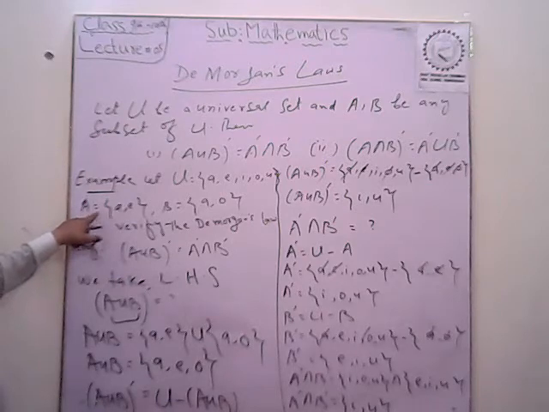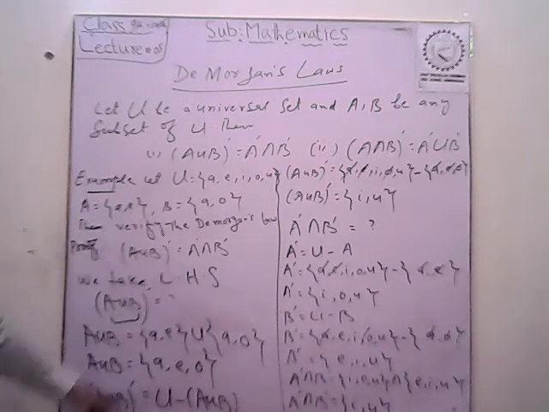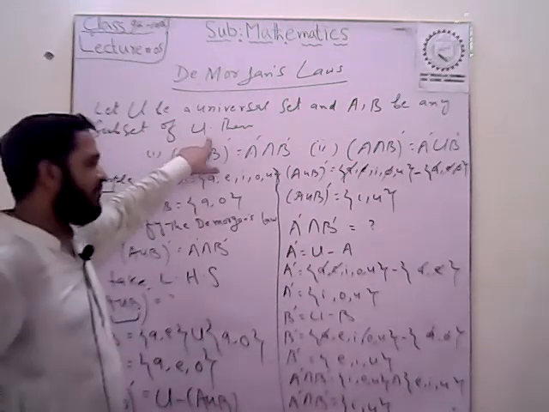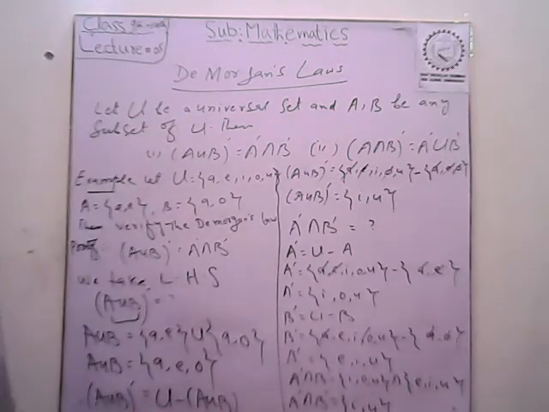You can see A and B both sets are subsets of U. Then prove that (A union B) whole complement is equal to A complement intersection B complement.